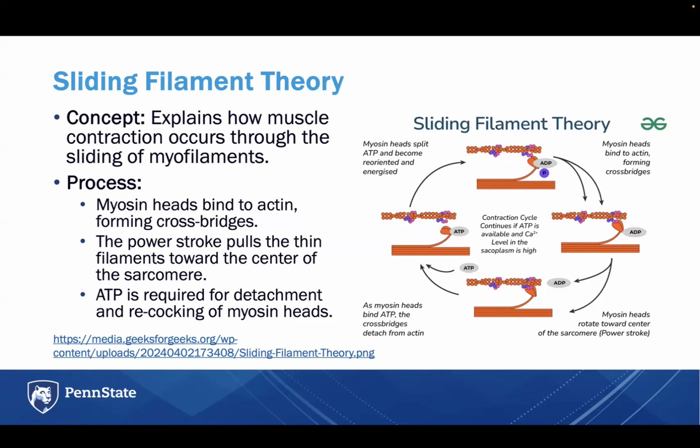The power stroke then pulls the thin filaments towards the center of the sarcomere. As myosin heads bind ATP, the cross bridges detach from actin, and again the myosin heads split ATP and become reoriented and energized, and this cycle goes on again. This complicated process happens every time we move a muscle in our body.